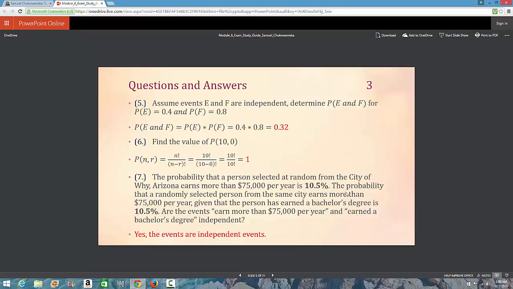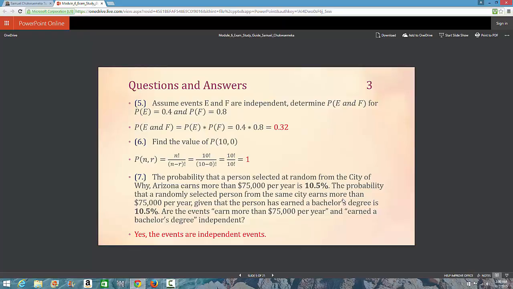And if you read this, the probability that the selected person earns more than $75,000 per year, which is the probability of event A, given that the person has earned a bachelor's degree, so this is the probability of A given B. So we have the probability of A to be 10.5%, and the probability of A given B to be 10.5%.